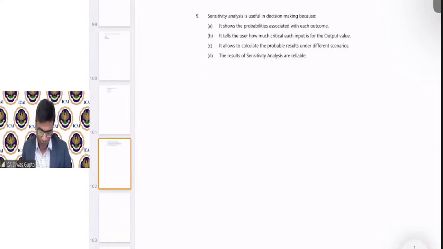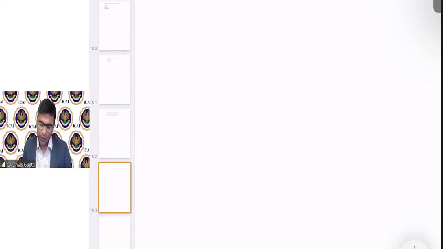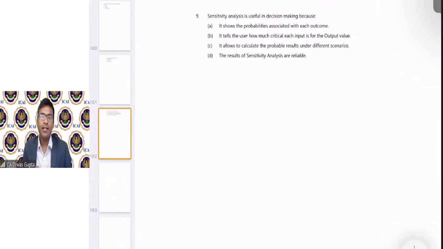Now the last question. Sensitivity analysis is useful in decision making because it shows the probabilities associated with each outcome; it tells the user how critical each input is for the output value; it allows to calculate the probable results under different scenarios; the results of sensitivity analysis are reliable.